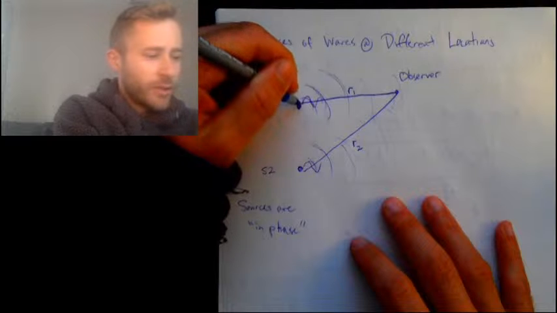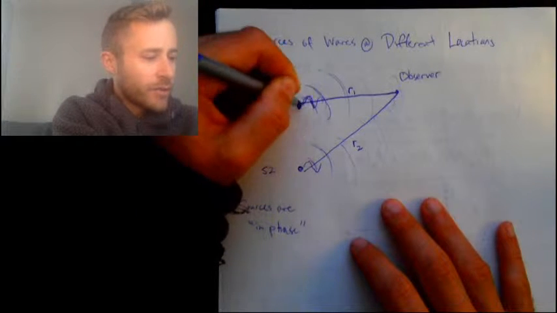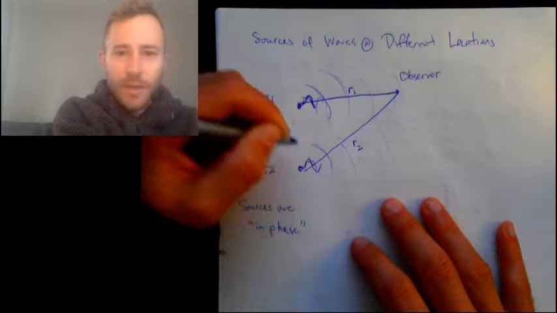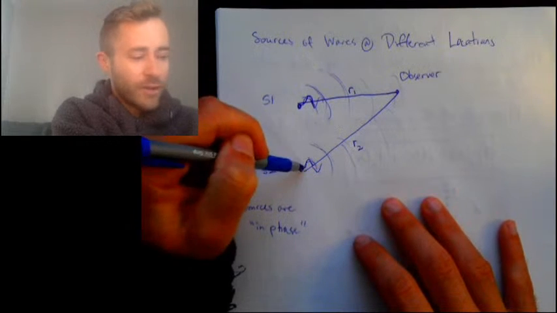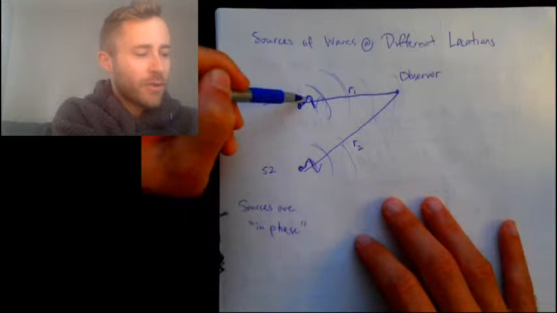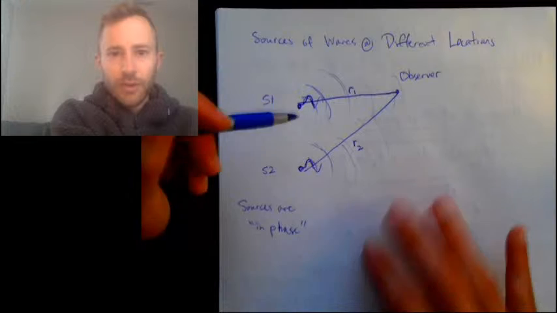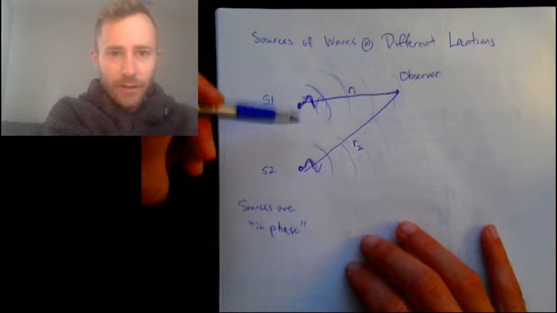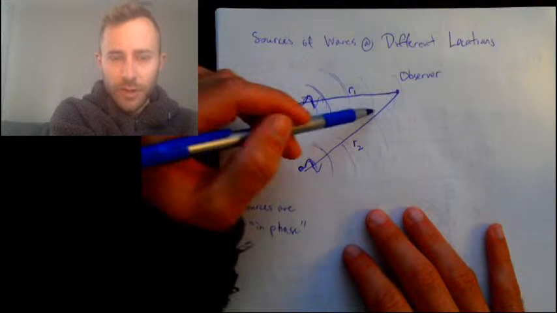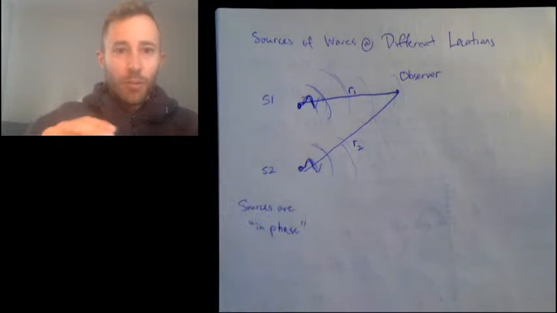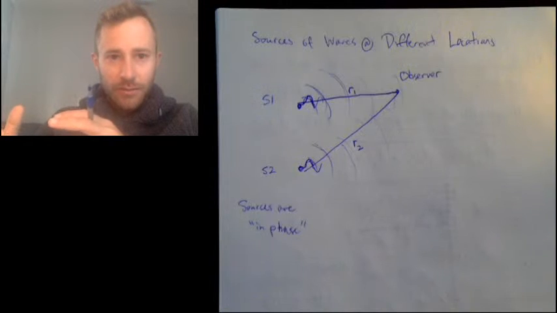So even though both of these sources are emitting a crest at the same time, they won't arrive at the observer at the same time, because this crest is going to arrive later than that crest because it's further away. It has further to travel. So even though the sources are in phase, because there's different distances that the waves travel to get to the observer, when they arrive at the observer, they're no longer in phase.